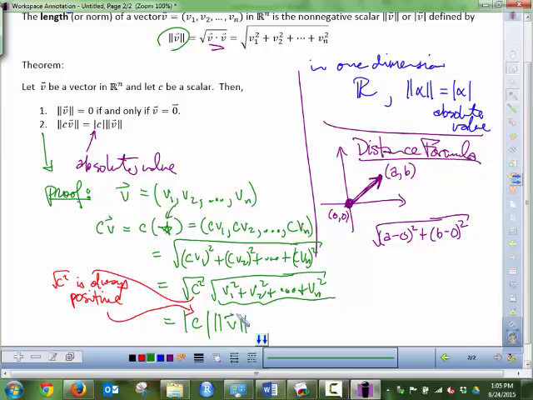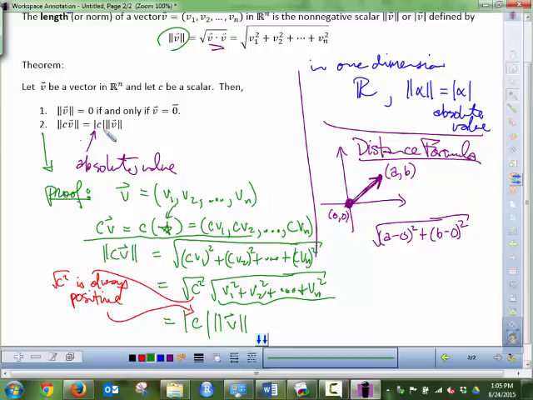Okay? So I should have said that this here, starting here, was the magnitude of cv, and that's equal to this, which is equal to this, which is equal to this, and that's where we ended. That's what I wanted to prove.